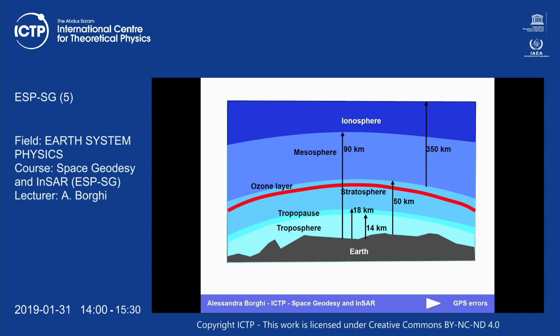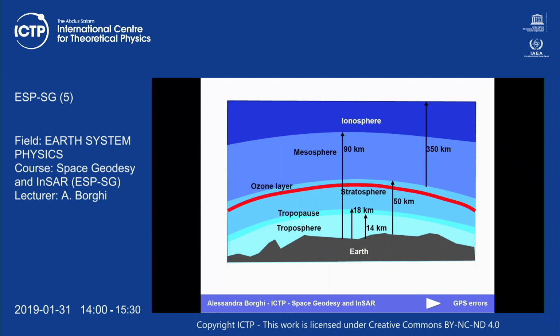Okay, this is just a slide about the layers of the atmosphere. So we have the Earth, we have the troposphere, tropopause, stratosphere, ozone layer, this red line, mesosphere, and ionosphere. So as we have seen in my presentation, we are going to talk about troposphere error and ionosphere error. These two layers are the most important layers for GPS measurement.